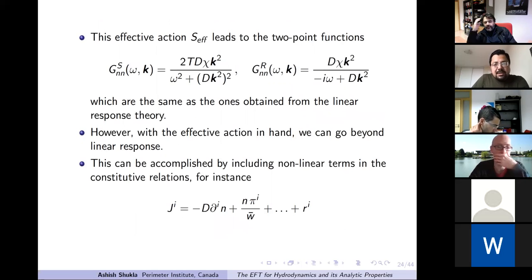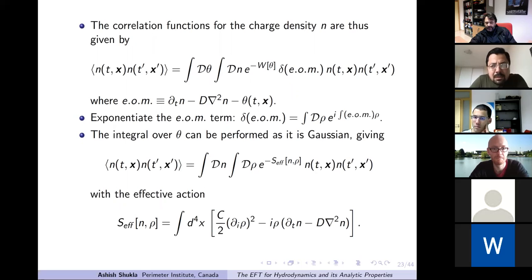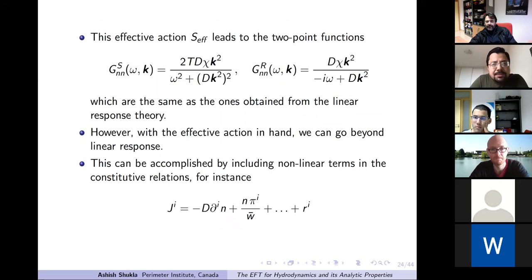But can I ask? Yeah, sure. The covariance of the noise, this capital C, is what determines the chi in the Green's functions. Yeah, so this is the point. Thanks for bringing it out. I forgot it.